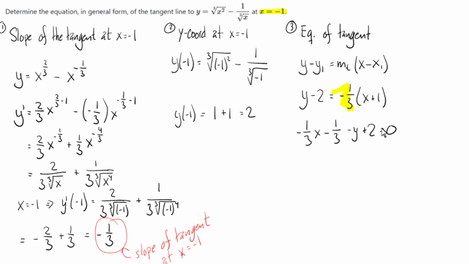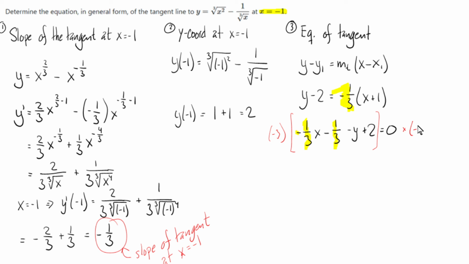Now we can combine. First of all, when we answer in general form, we don't want to have quotients. We also don't want the first term, the x term, to be negative. So what we're going to do here, we're going to multiply both sides by negative 3.